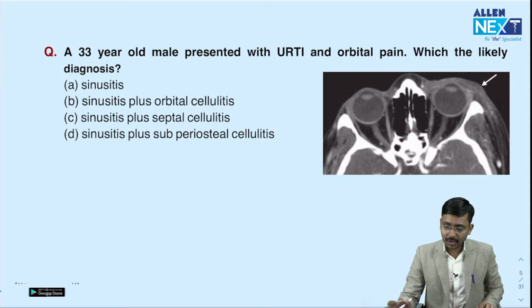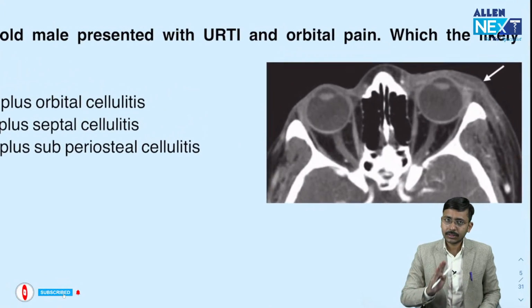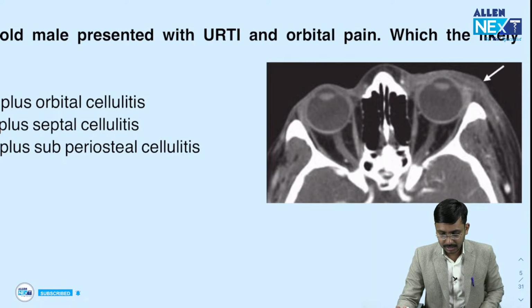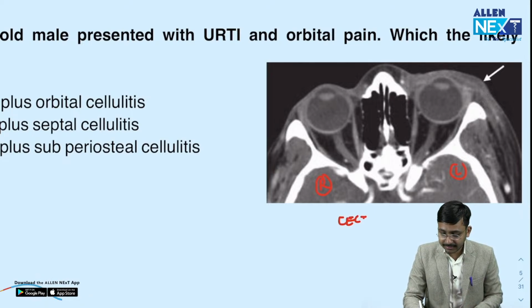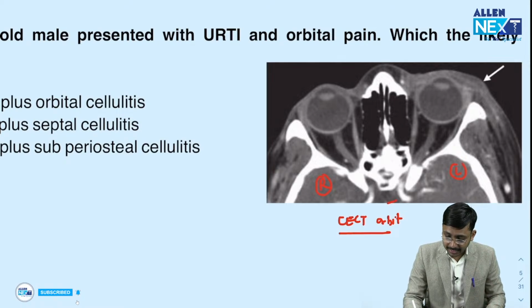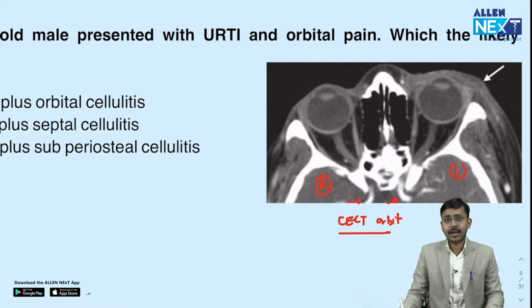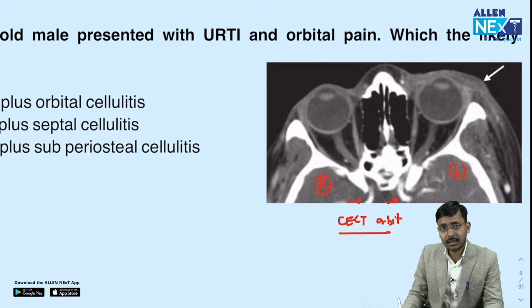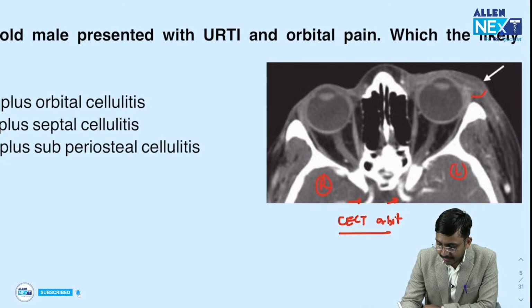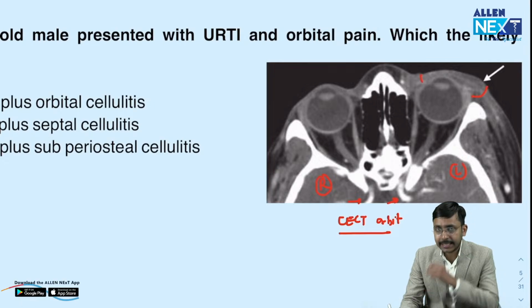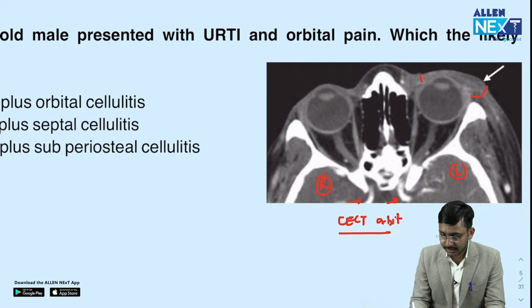Now if the CT image was like this, what do we see here? This is the left side, this is the right side. This is a contrast enhanced CT of the orbit. Why do I say contrast enhanced? Because I can see contrast in the internal carotid artery, in the vessel. And in the orbit, I can see some thickening and fat stranding anterior to the eyeball, in this region.